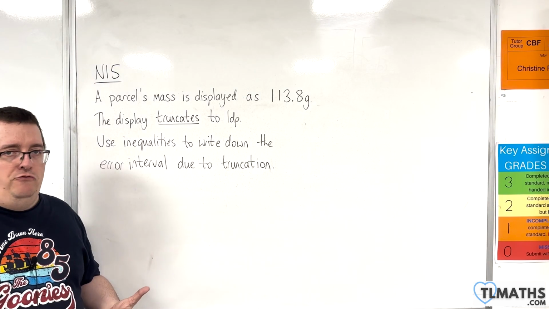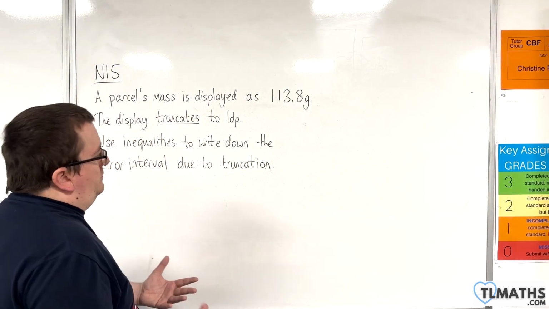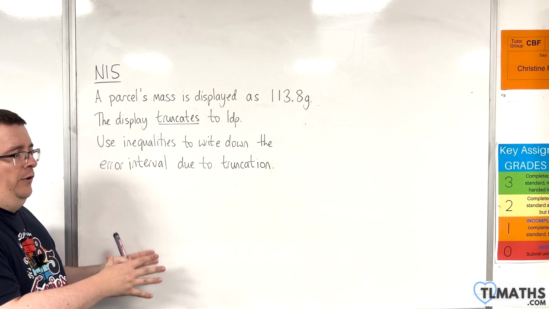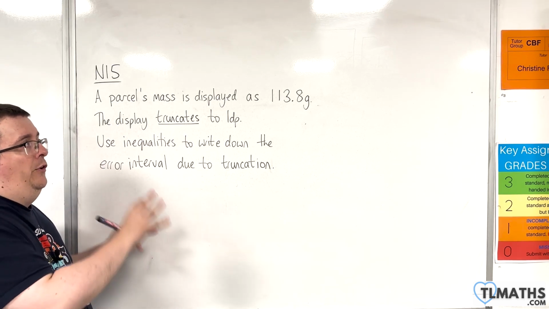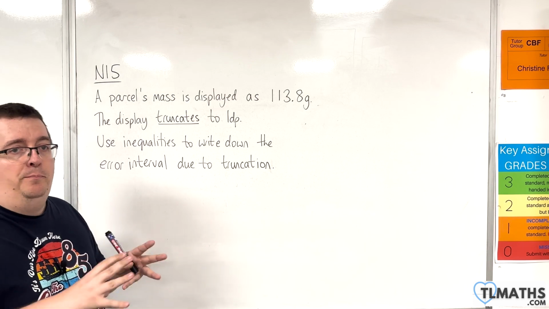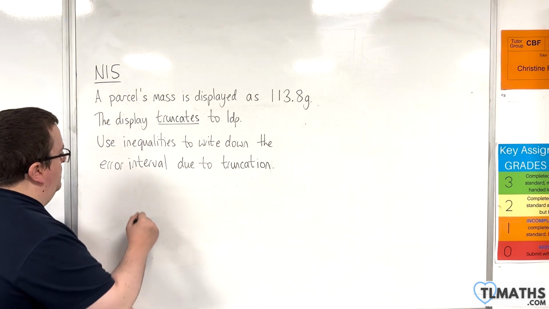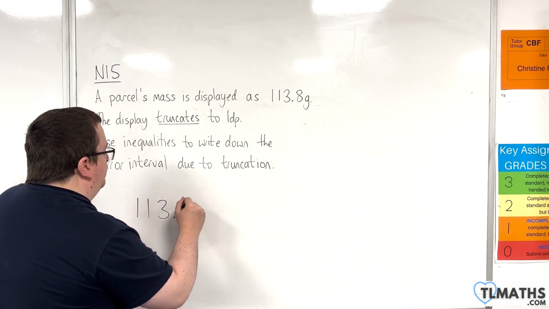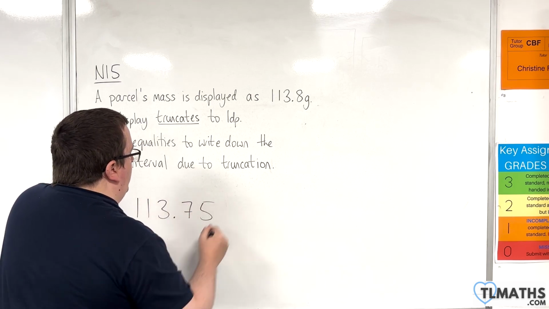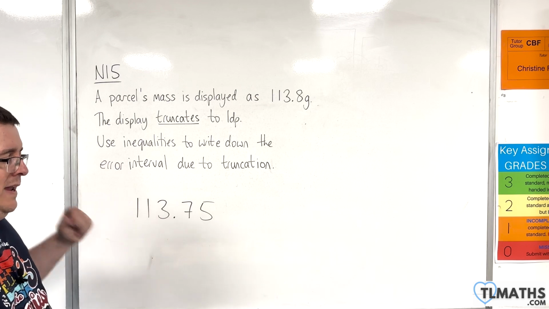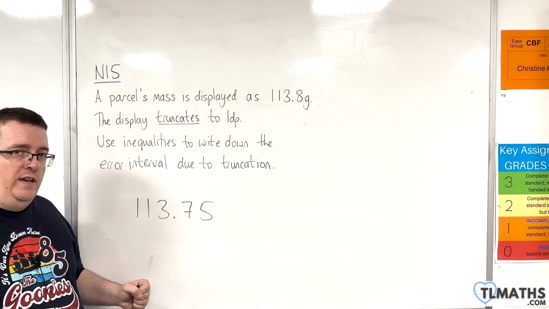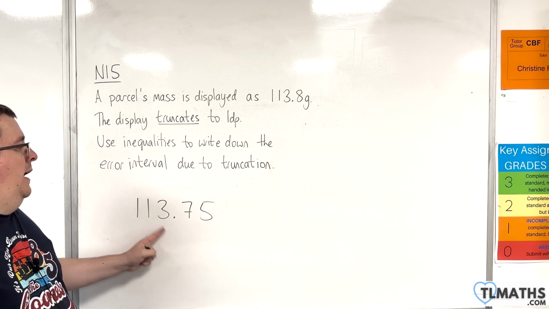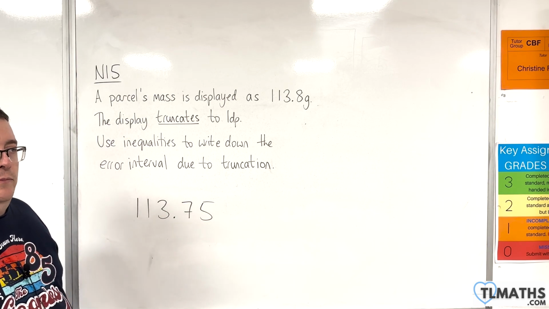Now how is this different? Well, what you need to do is you need to think about what weights the actual parcel's mass could be. Okay, so if it's 113.8 grams, the least that we had in the previous video when we're rounding to 1 decimal place was this, 113.75 grams.